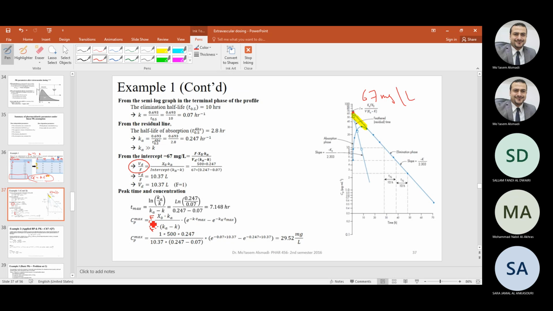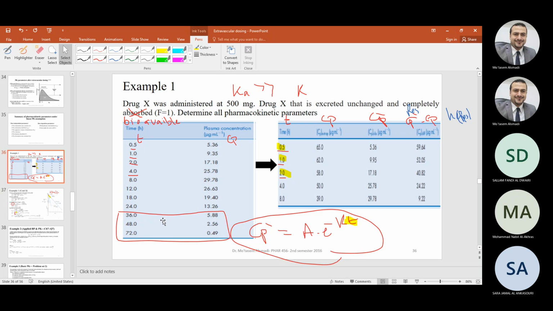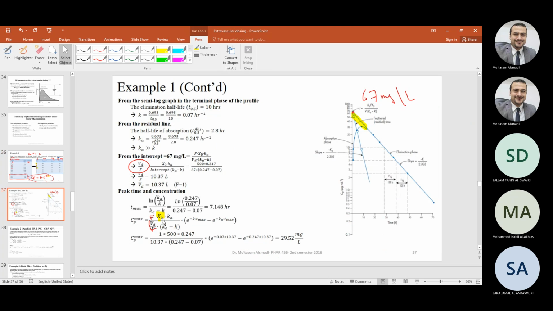In this equation, the only thing that you need to change is the dose. Here you change the dose from 500, which is the original dose, to 1000. Because the only thing that will change if I change the dose is the dose. F will not be modified.